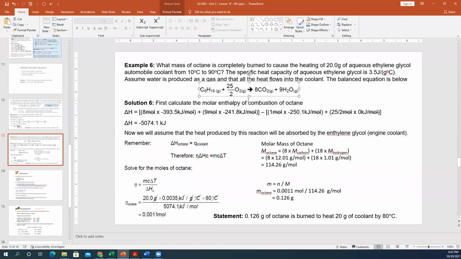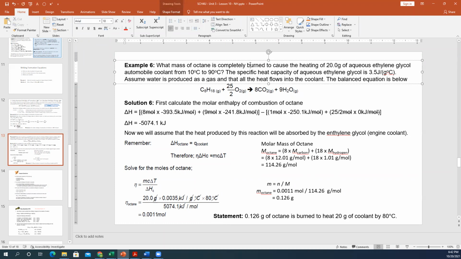Plus, we know it's a combustion equation, so we know there's got to be O2. We know that at the end, in a combustion reaction, you're going to have nothing left but CO2 and H2O. You're given that this is completely burned, so it's a very complete combustion reaction.